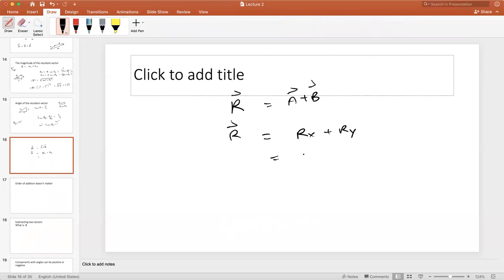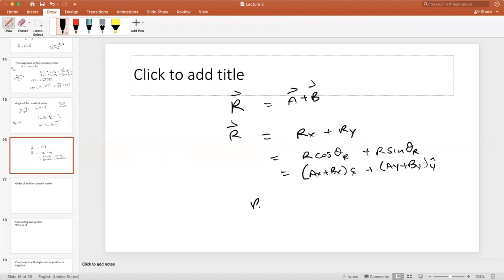These components are actually R cos theta R and R sine theta R. Furthermore, these components are Ax plus Bx from this equation and Ay plus By from this equation.